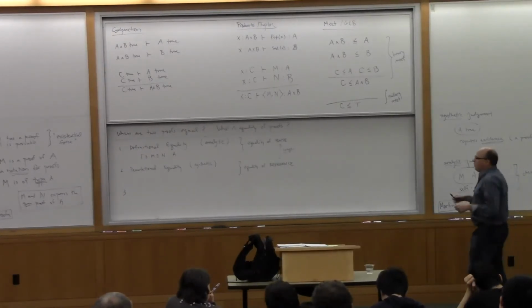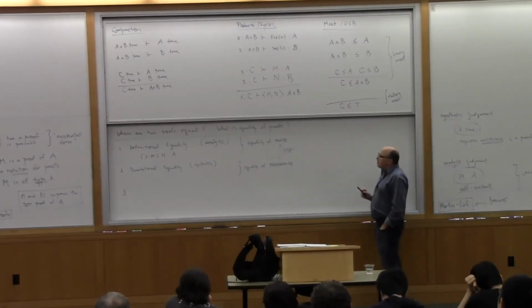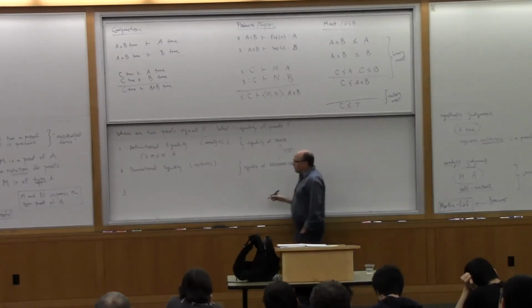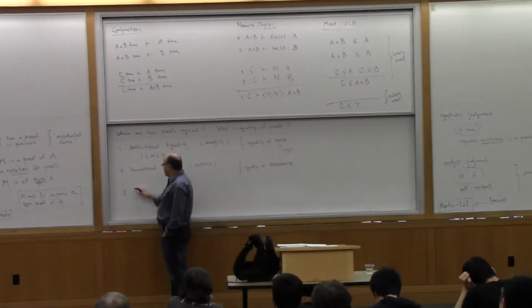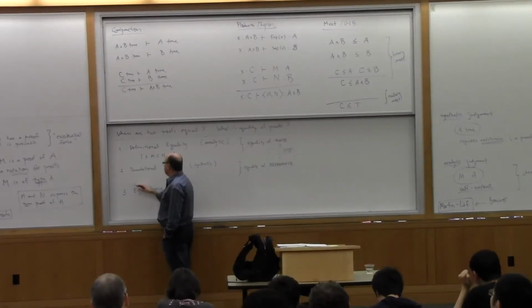So with definitional equalities, we're trying to get at this idea of equality of sense, whereas denotational equality is going to be equality of reference. And then we're going to have an even weaker notion, which I will call equivalence, or weak equivalence, or homotopy equivalence, and we'll get to that.